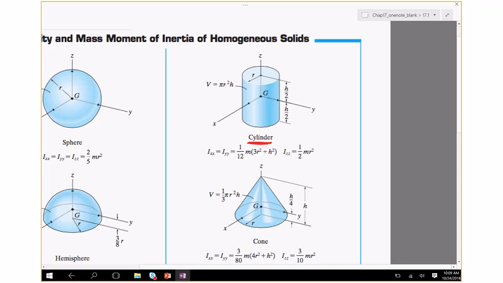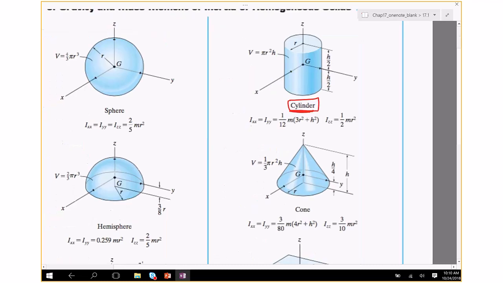If, however, it rotates about the y-axis like this, then you use that formula. So you need to figure out what axis the object rotates about, and then use that formula to do the problem. Just don't go by x, y, and z. Let's look at something else. The cylinder is a common geometry which will feature in many of the problems.